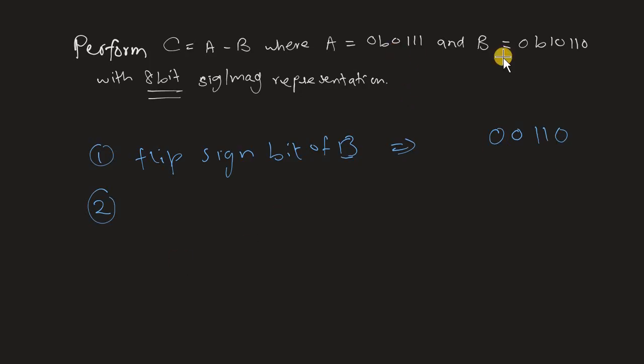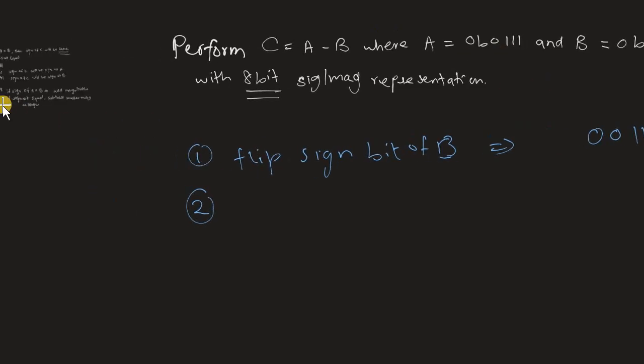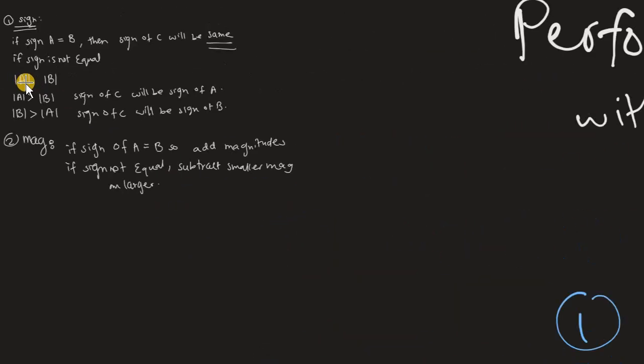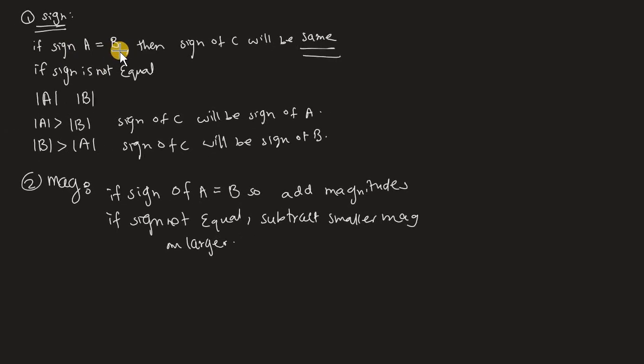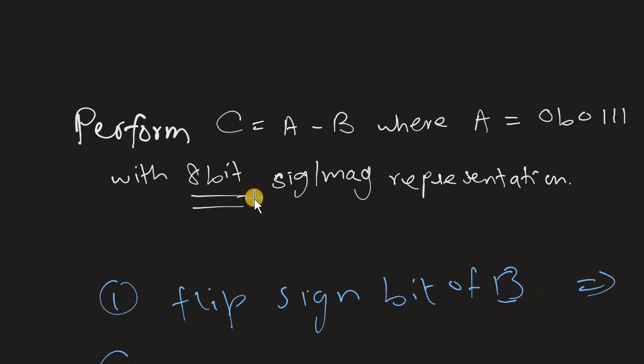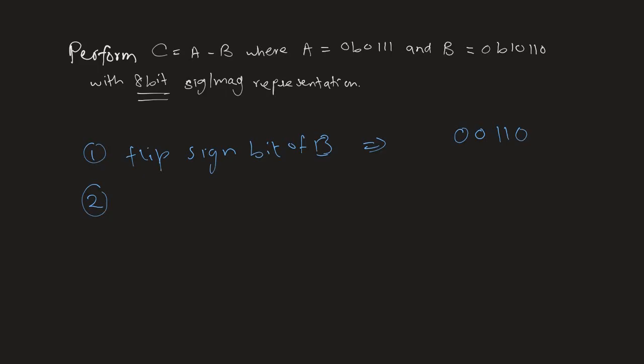So I hope it makes sense. Because we have to perform a subtraction, we have to first flip the sign bit, and since we flipped the sign bit, they both happen to have the same sign, and from our sign rules, it says that if we have the same sign, then for the magnitude we're simply going to add a and b, okay. So that's what you're doing over here.